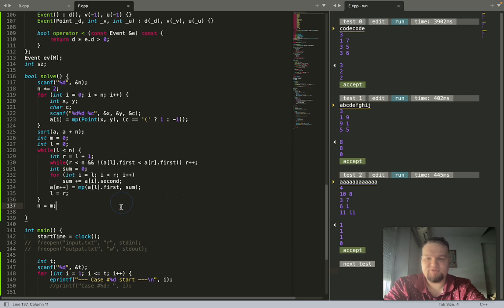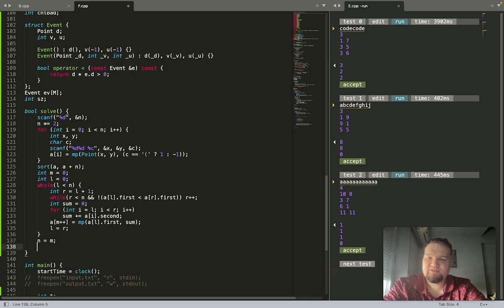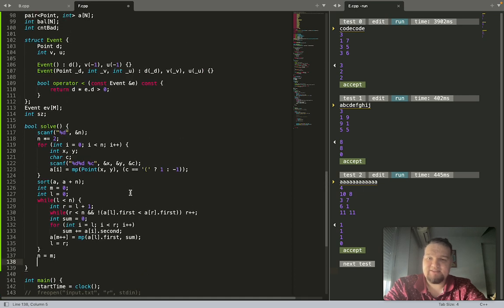So now they merged, and I now have n different points. They're already sorted in the correct initial order, so I can just leave them like that.